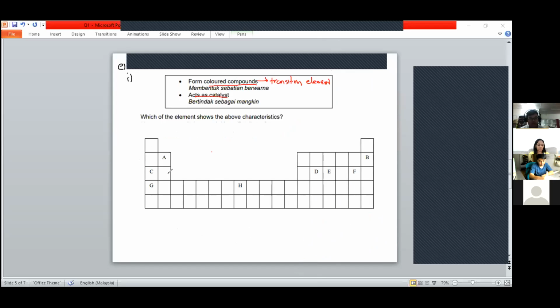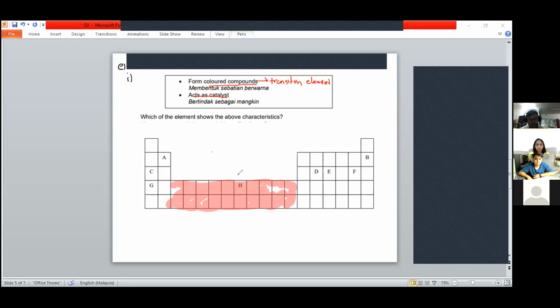So we can rule out all these other elements, because they're not part of the center. This entire part is where most of the transition elements reside, over at this middle part.